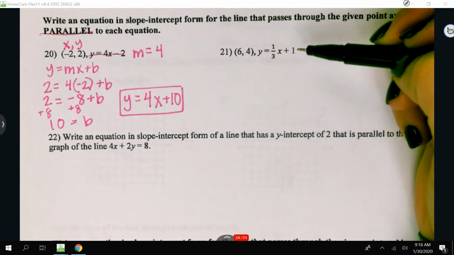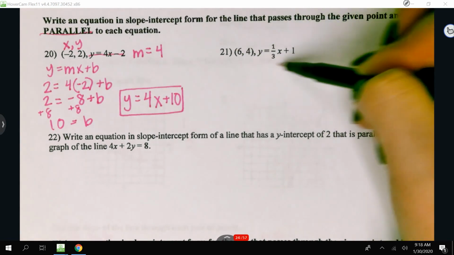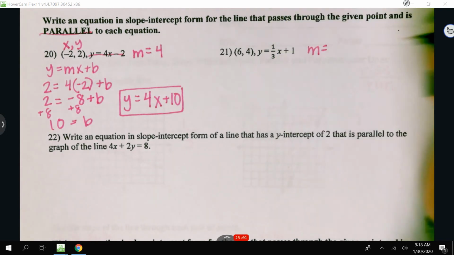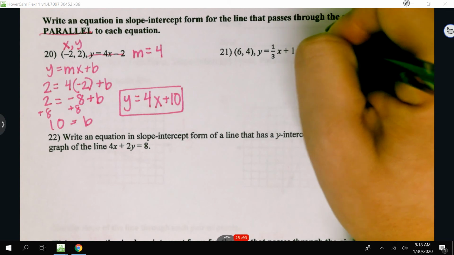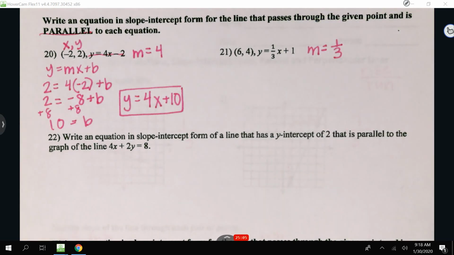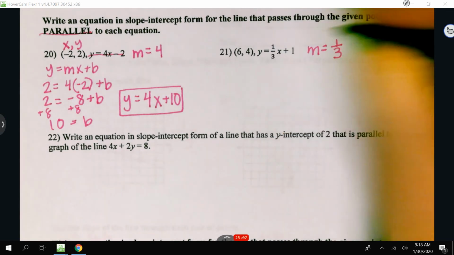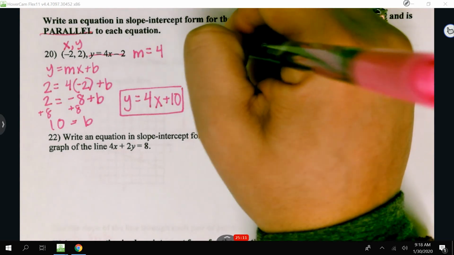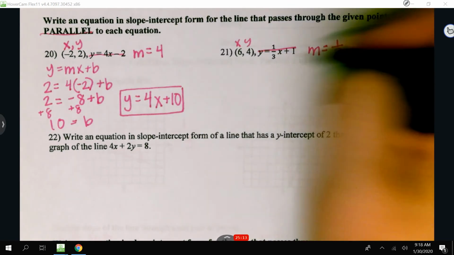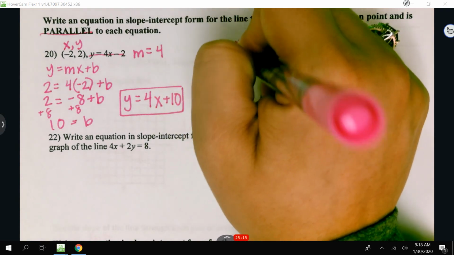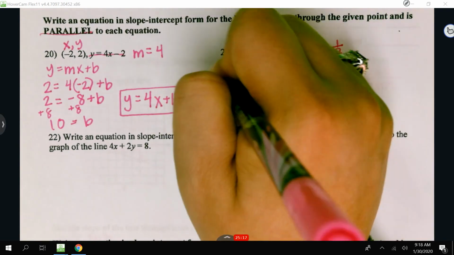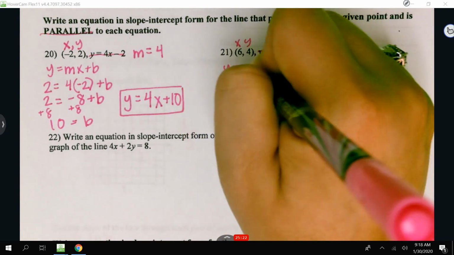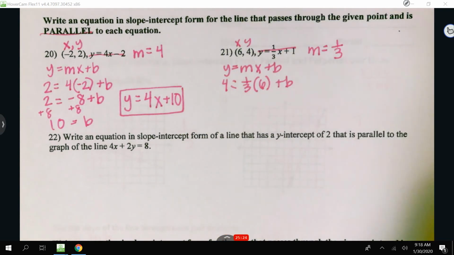All right, number 21. What do I need from this equation? Just the slope. So what is that? 1/3. If it's parallel, do I need to change that? No. Do I need this equation anymore? No. So now I just need my x, my y, and my m. So y equals 4, m equals 1/3, x equals 6, plus b.